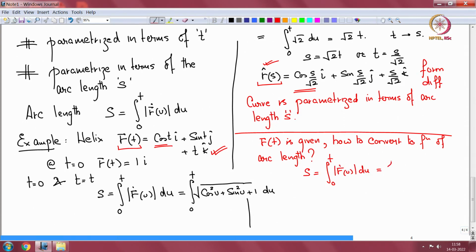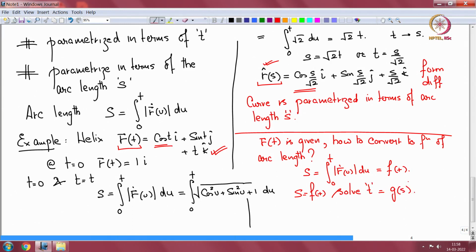Let us say that is f of t. Now we solve for t from s. We have s equal to f of t, and we solve for t equal to g of s, let us say.